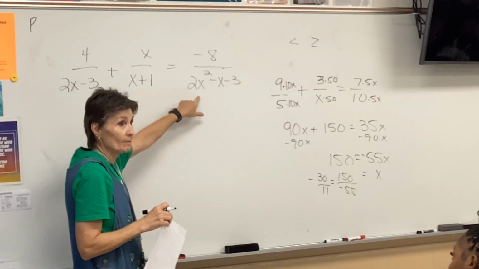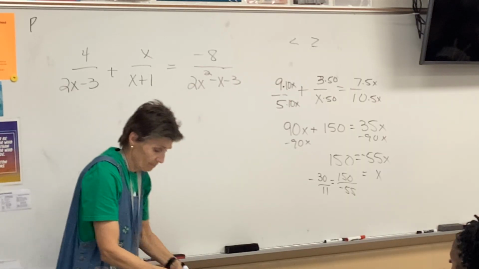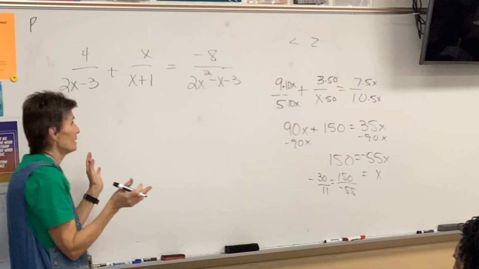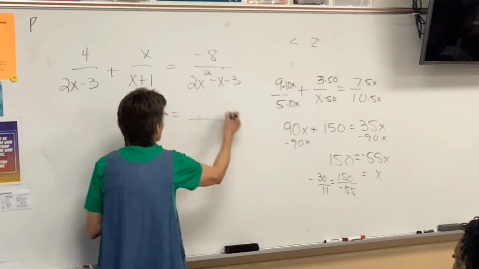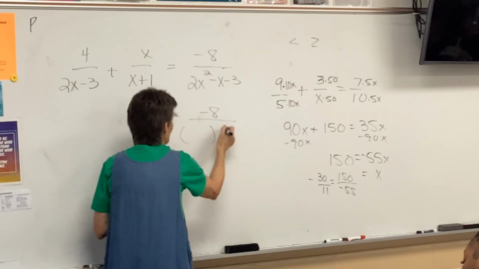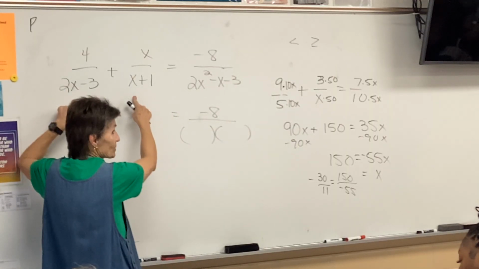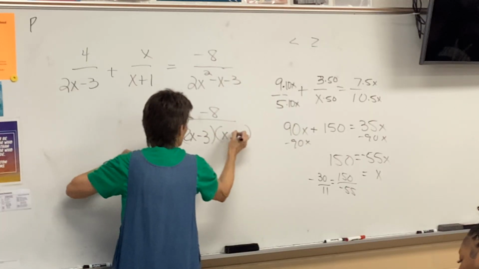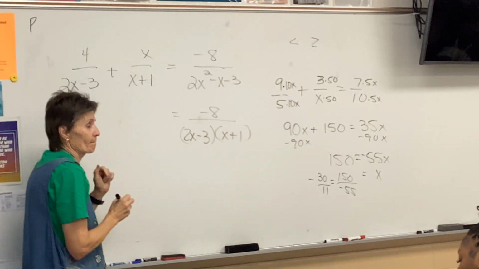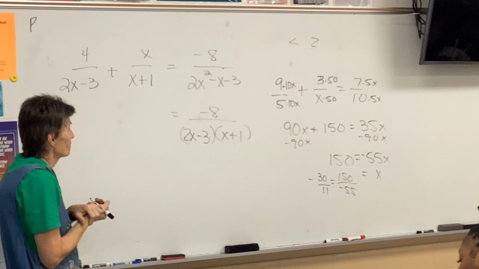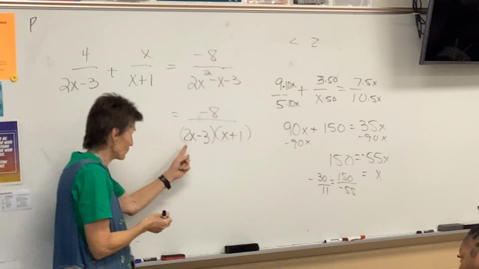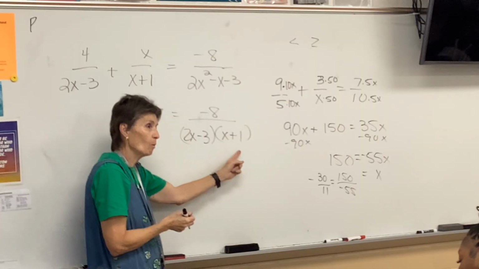Factor that guy right there. And these problems are always rigged. So how do you think this is going to factor? Just like those. So 2x minus 3, x plus 1. If you're worried about that, you can double check it. You can FOIL this, just like always.